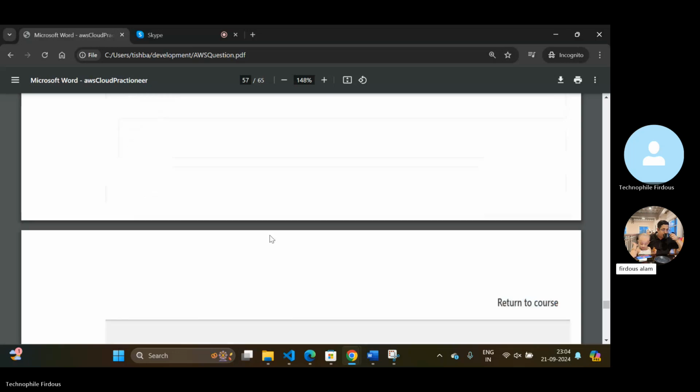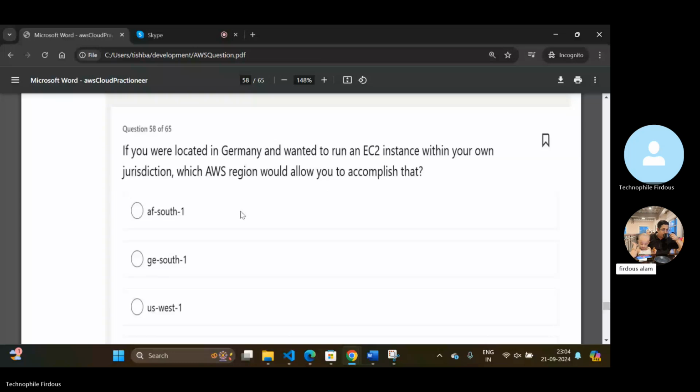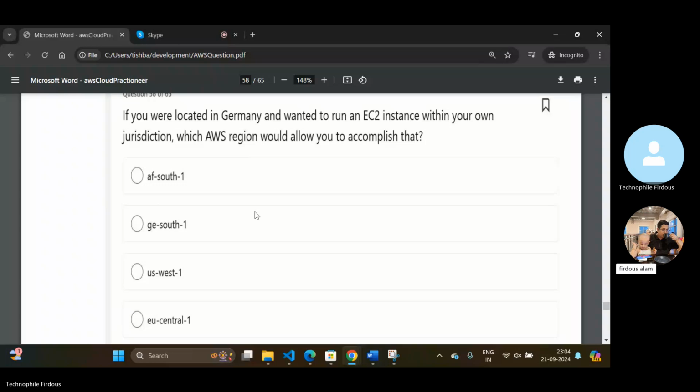Okay, if you are located in Germany and want to run the EC2 instance with your own jurisdiction, which AWS region will you use to accomplish this? If we are in Germany and want to run it for Germany, then it should be in Germany. But I don't get an option for Germany. I'm getting an option for GE South one. I think this is the wrong one. GE Frankfurt. Okay, so this would not be the right answer.